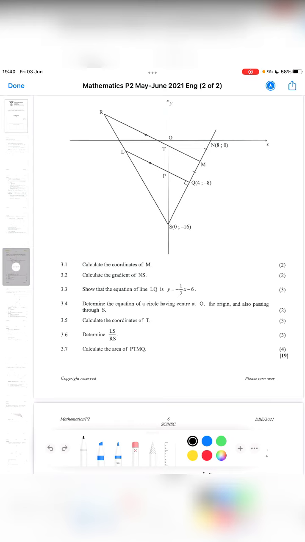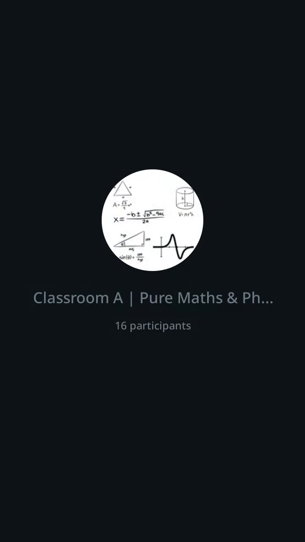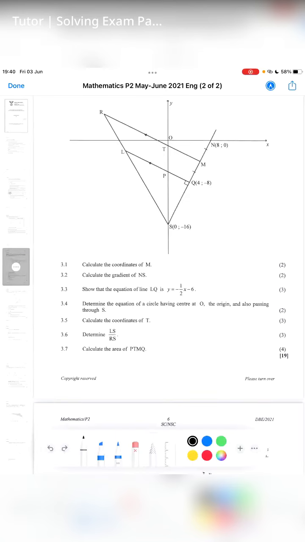So, sir, we are going to apply the formula of the midpoint. So we are going to use the coordinates of Q and N, since they've told us QM is equal to MN.